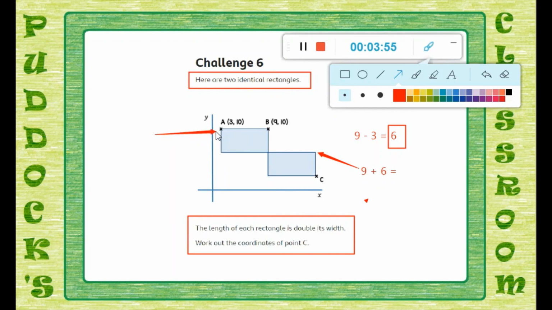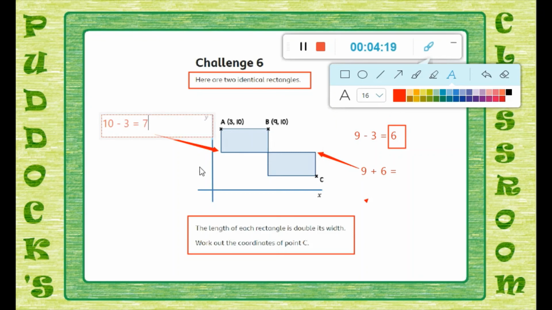So at the moment it's 10 on the y-axis. If we go down 3, what's that going to be? Well, it's going to be 10 take away 3, and 10 take away 3 is 7.